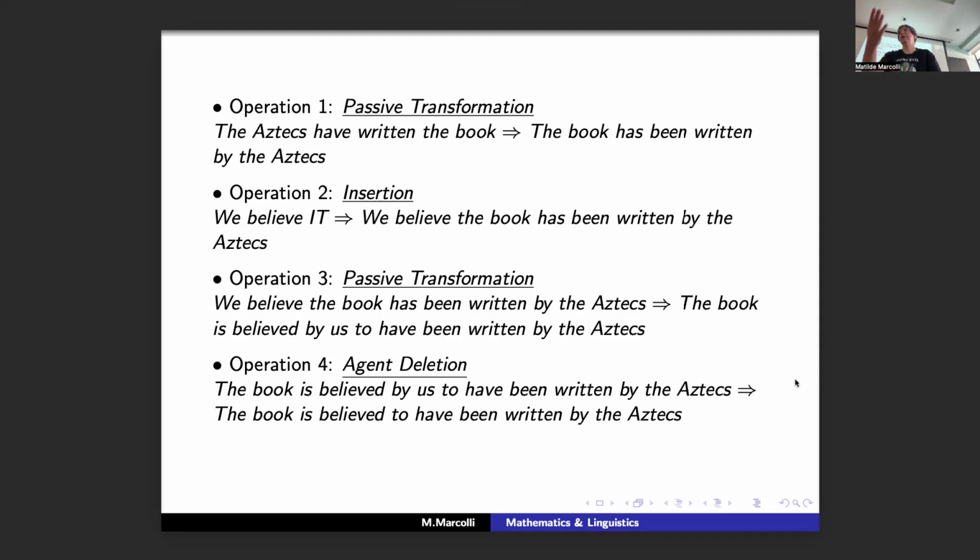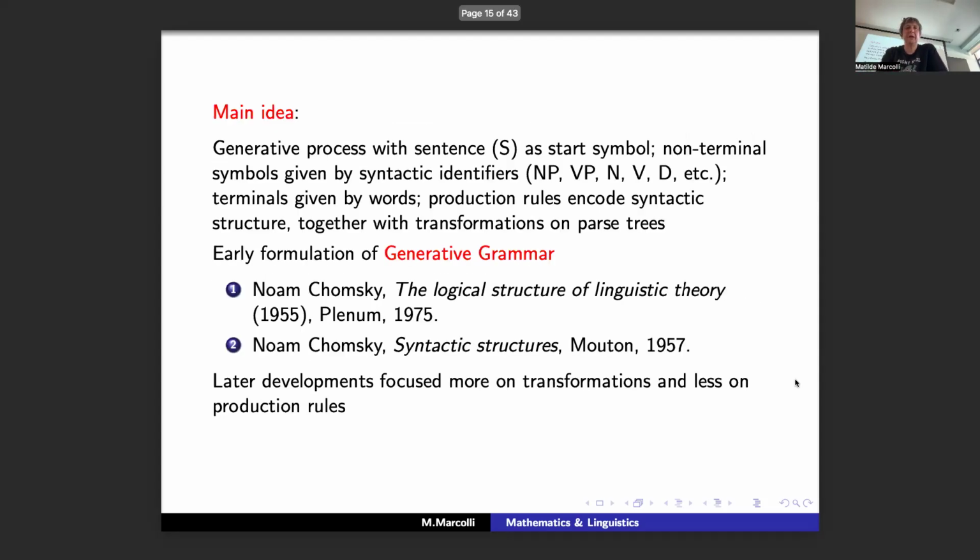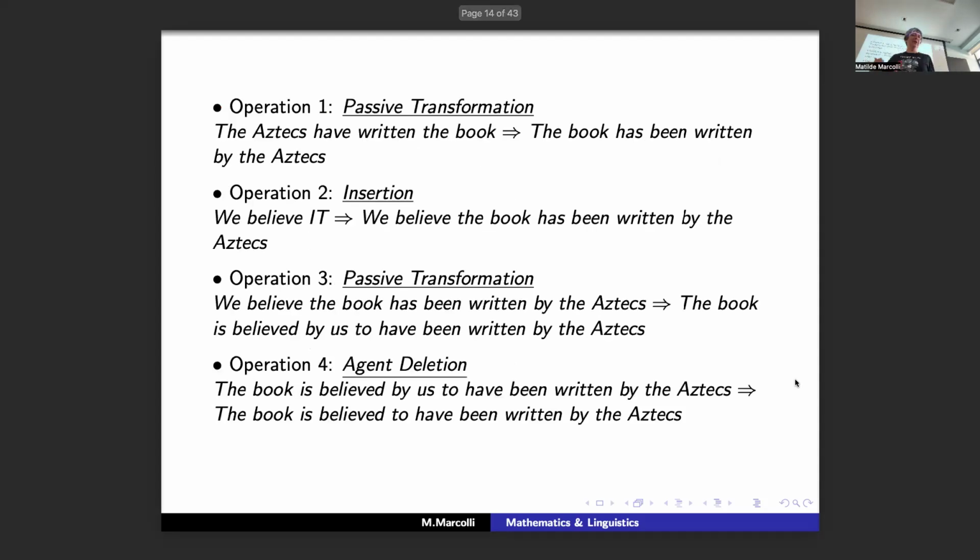Just as in this context free setting, you had the possibility of having different parse trees or different production rules for the same thing. But again, these operations seem so language specific. Exactly. So this was actually one of the difficulties that we were very aware of at the time.